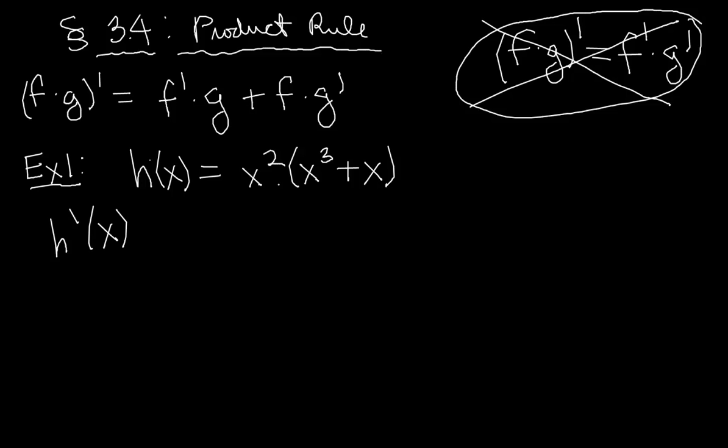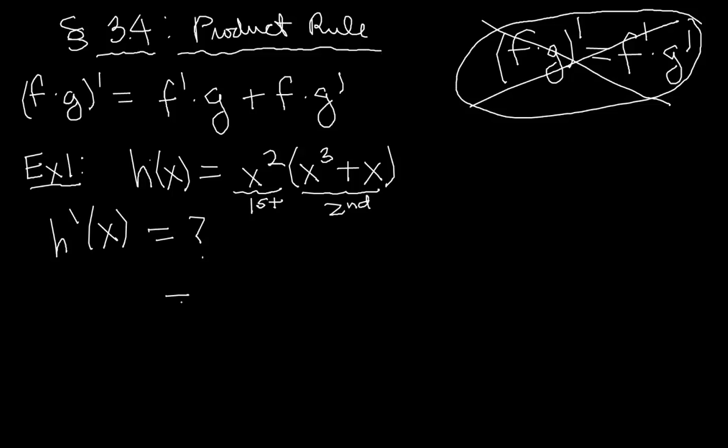Well, look here. You have x squared times x cubed plus x. Those are two functions. This is the first one, and this is the second one. So how is h prime of x going to go?